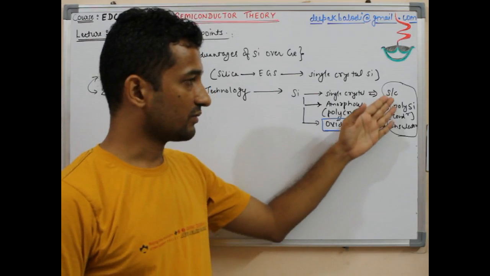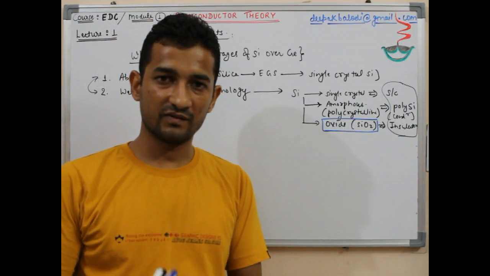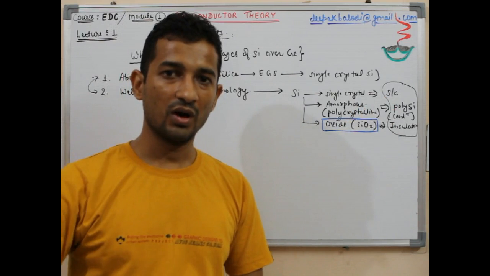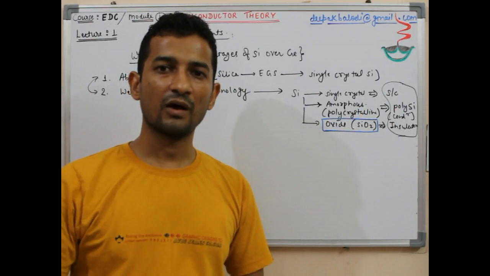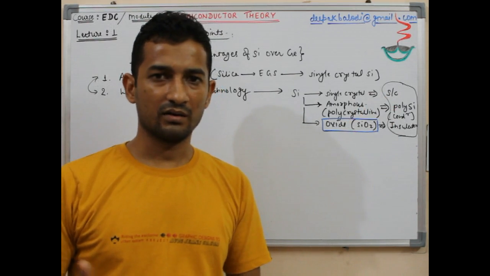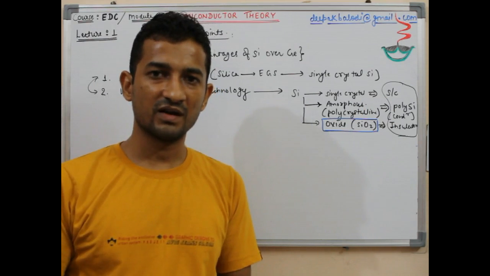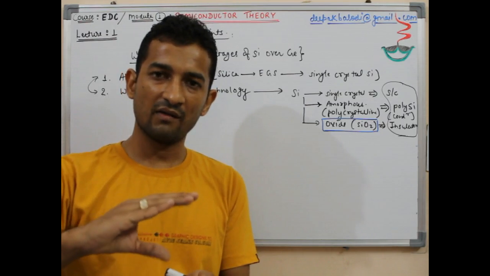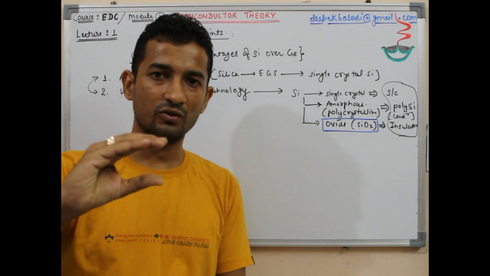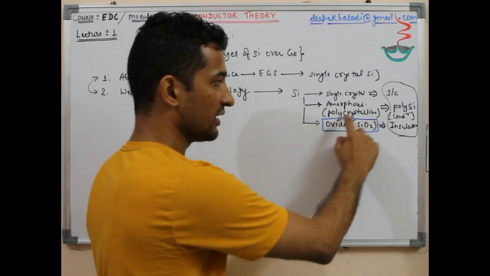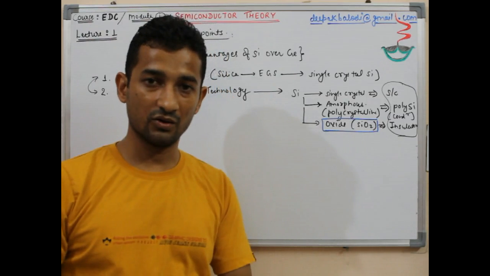So already at the base we have silicon, so any time we have to grow an insulator, we would not rely on any other insulator, we will be going for an insulator which is developed by silicon itself. So already we have a silicon, and on top of that, if we want to grow an insulator, we can very easily grow silicon dioxide, SiO2.